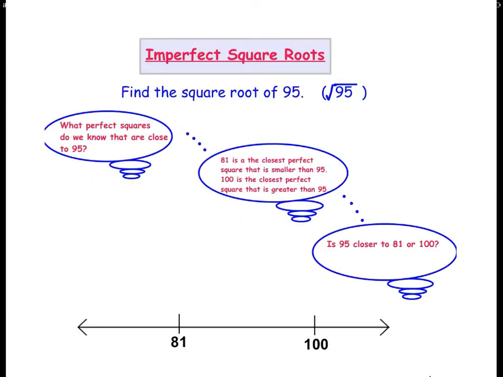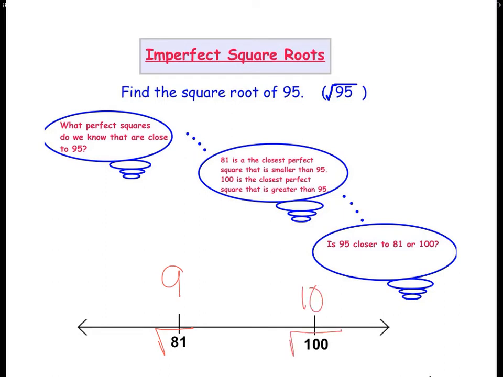So as an example, let's take 95. If I want to find the square root of 95, this is an imperfect square. There isn't an exact whole number times itself that equals 95. And so I'm going to think about what perfect squares I know that are close to 95. Well, I know that the square root of 81 is 9, and I know that the square root of 100 is 10.